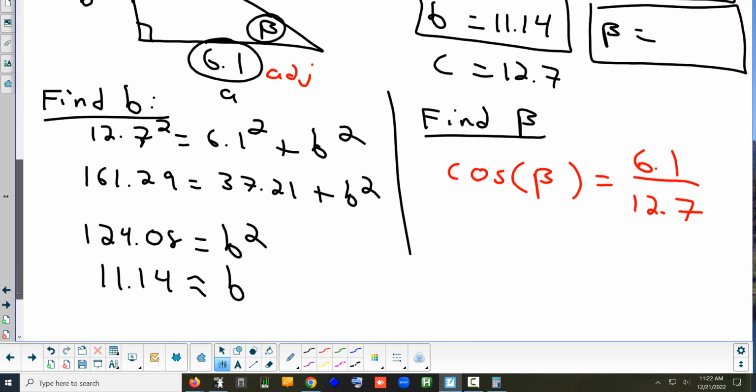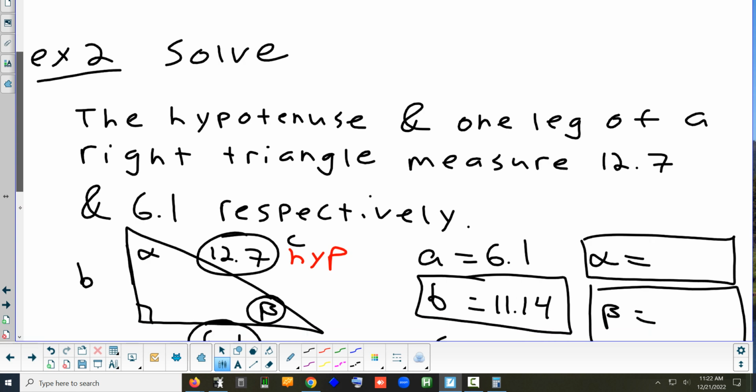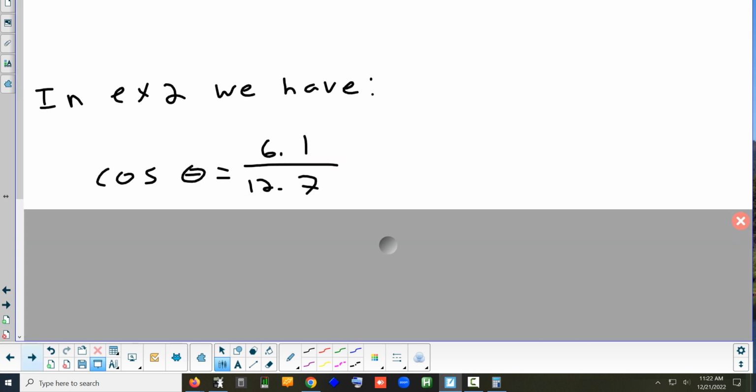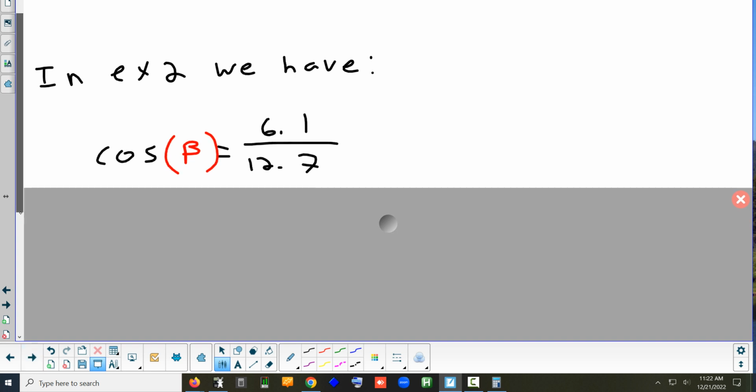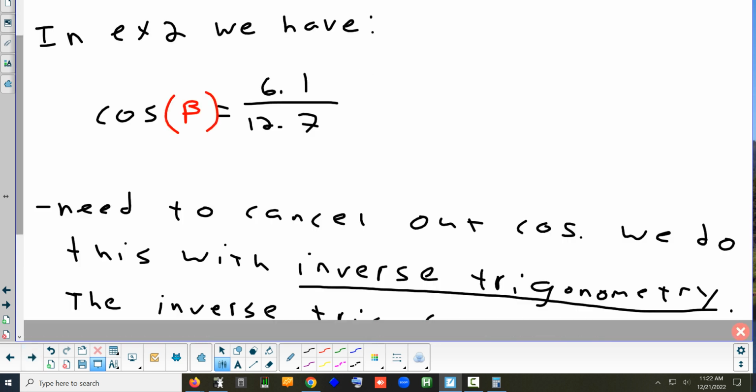So right now we have 6.1 over 12.7, and that's cosine of beta. The way we're going to get rid of the cosine function is to use what's called inverse cosine. The way you cancel out the trig function is with its inverse.